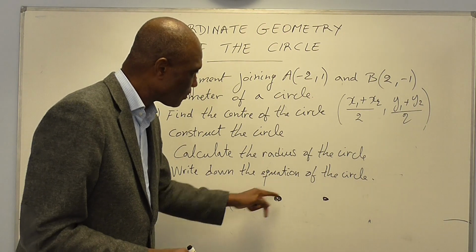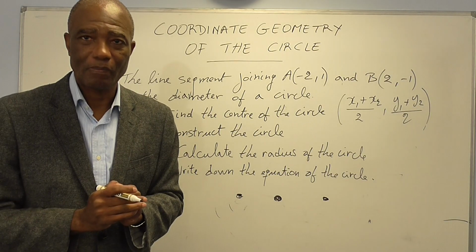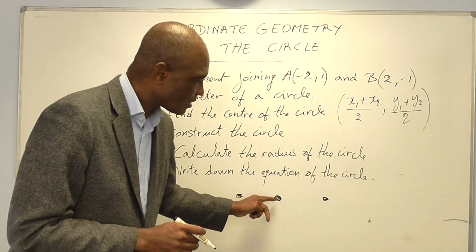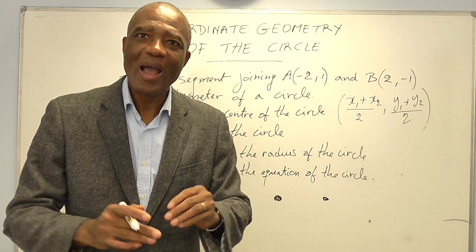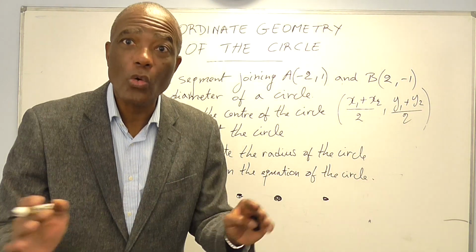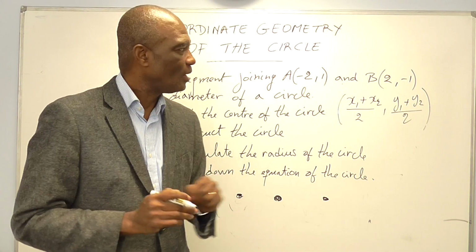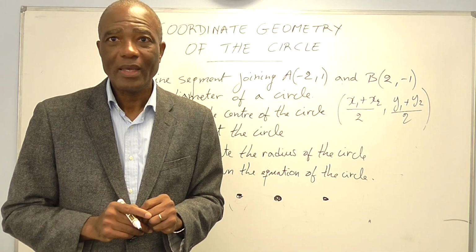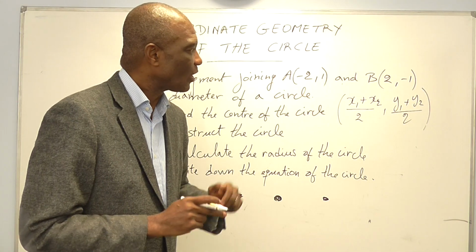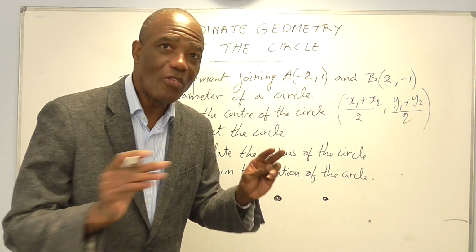This formula is the formula of the midpoint. It gives the coordinate of the point that is halfway between the 2 points. I repeat, this formula is in your logbook.